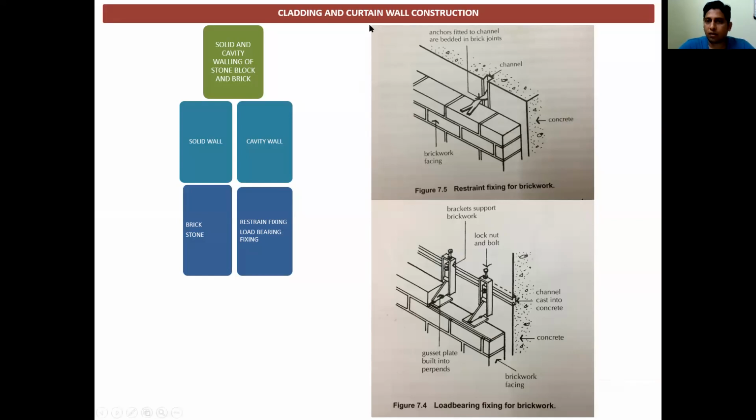How this channel is fixed, anchored, and embedded in the concrete, and how this channel will be helpful to provide this kind of clamp, and that will provide stability, joints, and alignment to the cladding work.